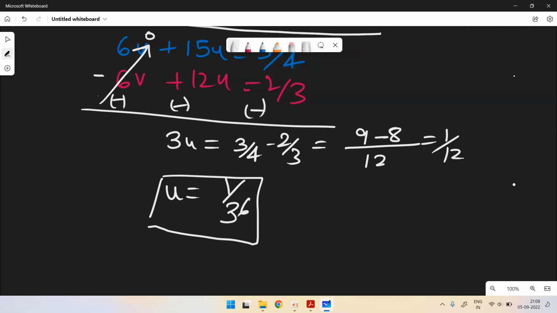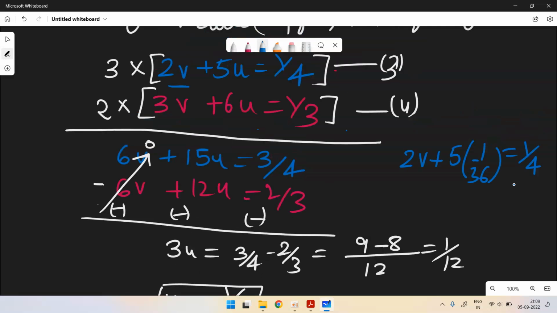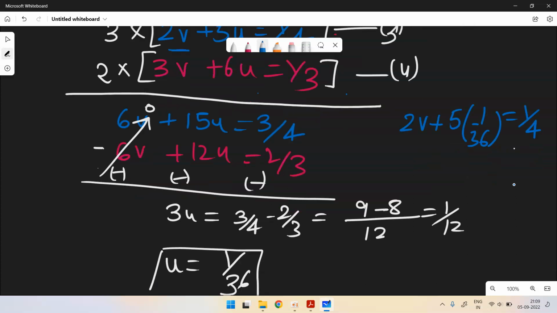Now if you substitute the value of u in the original equation, 2v plus 5 into 1 by 36 equal to 1 by 4. So 2v equal to 1 by 4 minus 5 by 36.